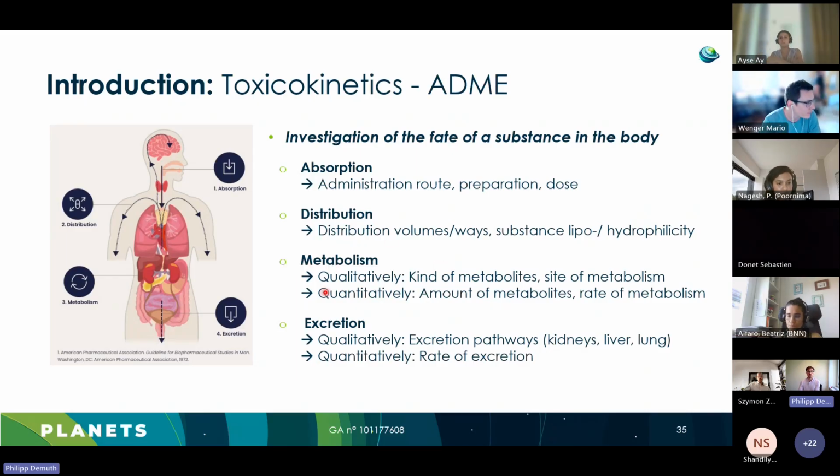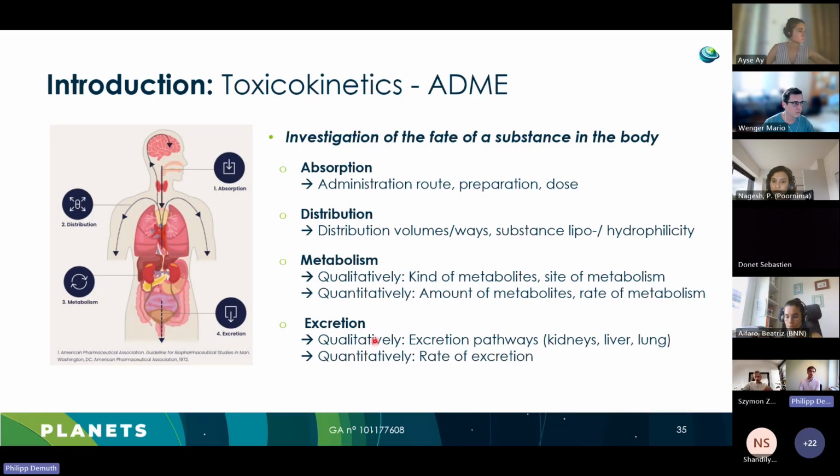Here we can differentiate between the qualitative aspects of metabolism, so the question of what kind of metabolites are formed, for example, in the liver, but metabolism can also take place at other sites, so in other organs, and also the quantitative aspects of the metabolism. So is the substance metabolized at all? And what are the kinetics? So how high is the rate of metabolism?